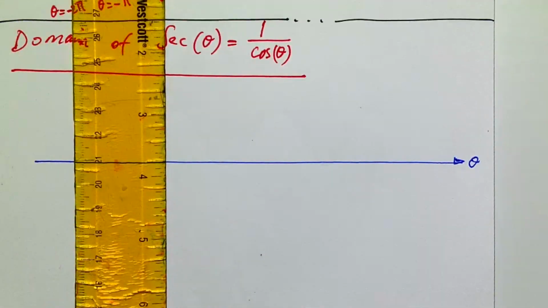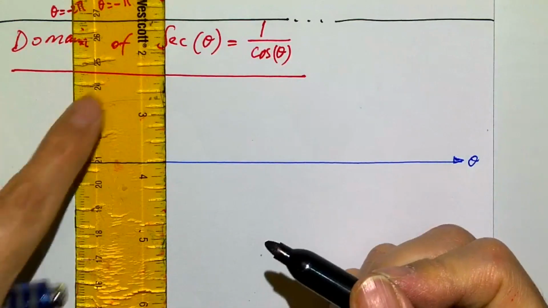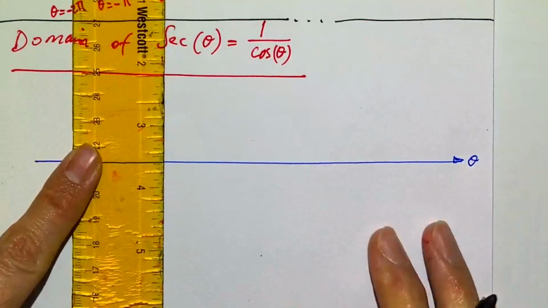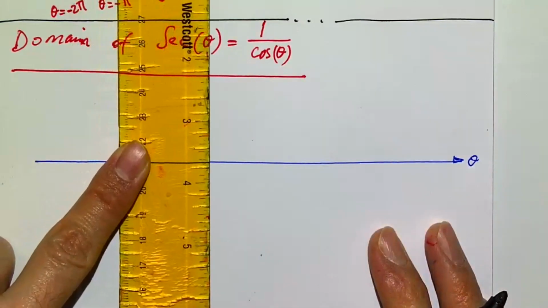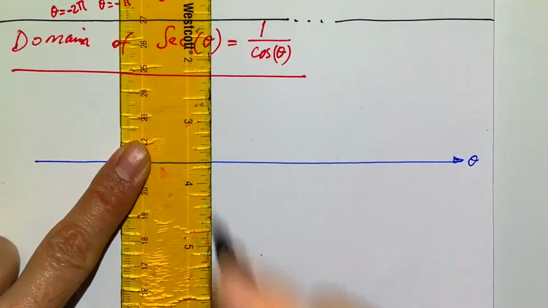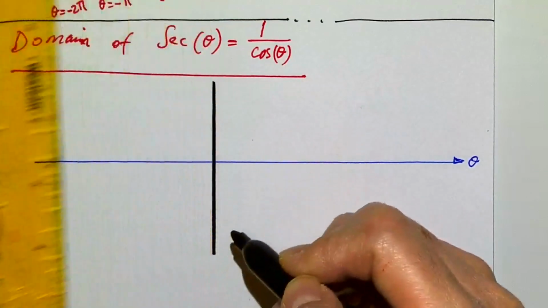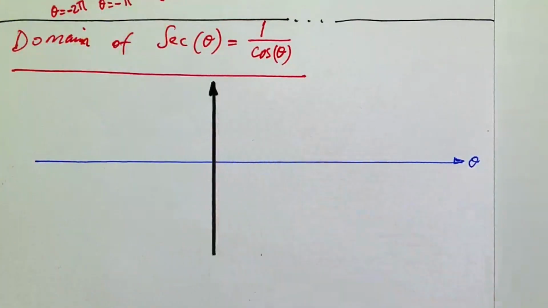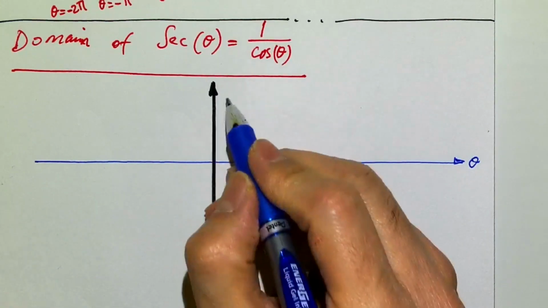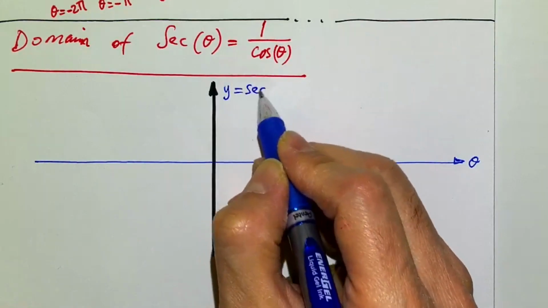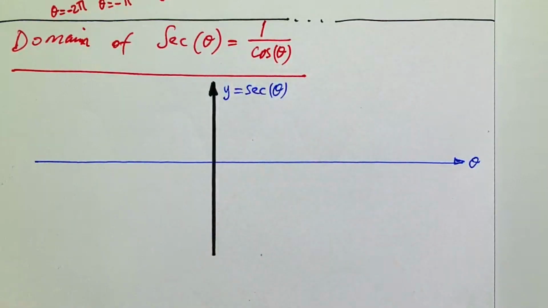Then we will have the y-axis. I'm going to draw it here somewhere. Here maybe, that's better. Like that. And then we have, of course, y is the secant of theta in this case.